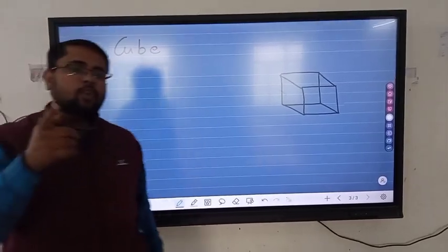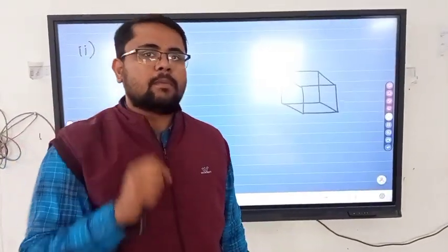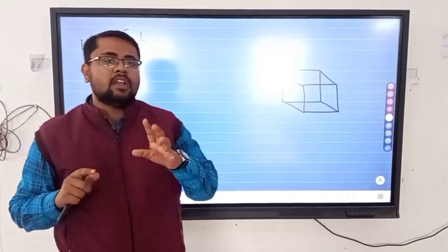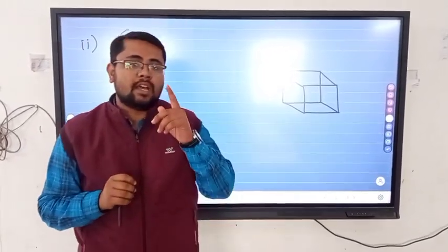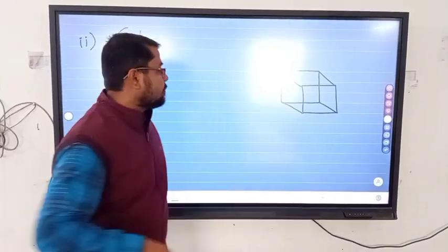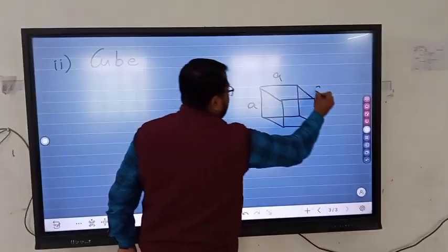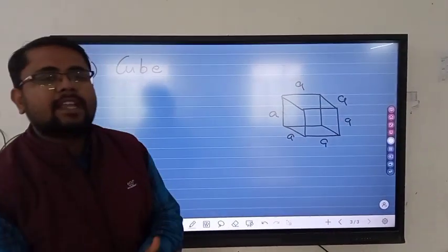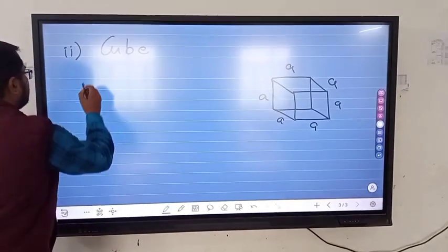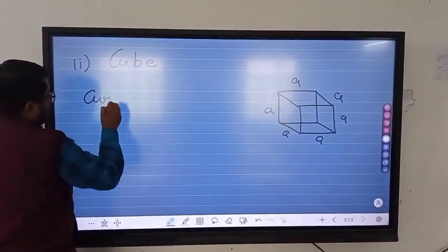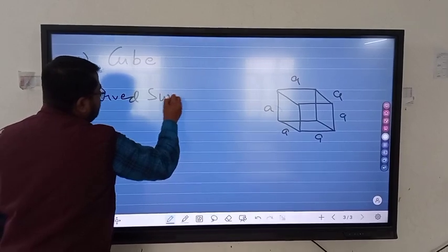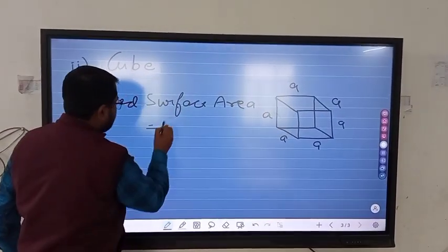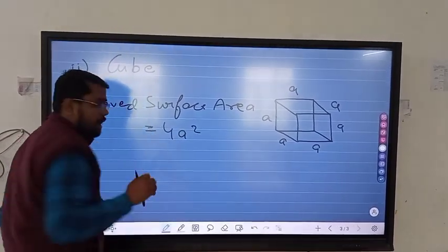The shape of cube and the shape of cuboid are almost the same, but the difference between the cuboid and cube is that all faces of cuboid are not the same, but the faces of cube are always the same. All the six sides are equal to A. So our curved surface area is equal to 4A square.